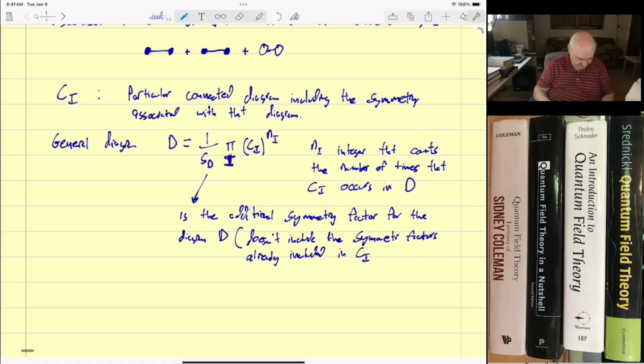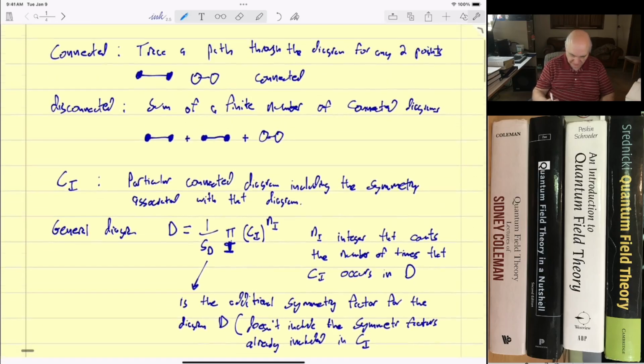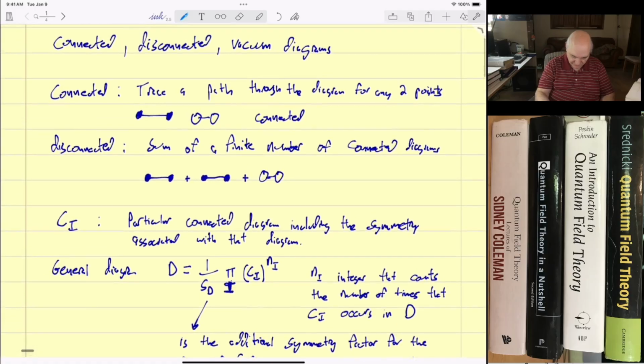So now what we're doing is, let's say we have this diagram which has a symmetry factor of 2, and this diagram which has a symmetry factor of 2, and this other diagram which has a symmetry factor of 8. What other symmetries can we get in these diagrams?